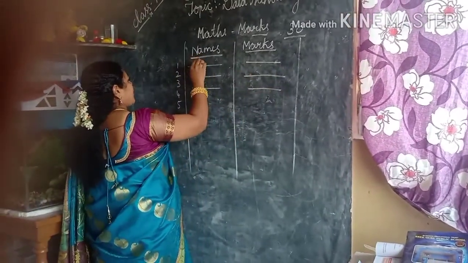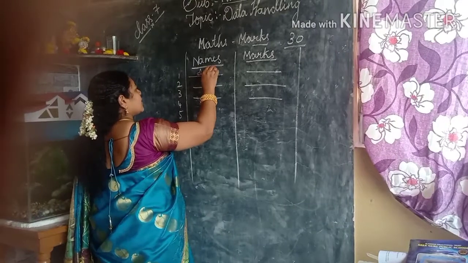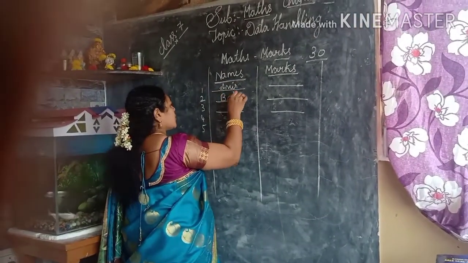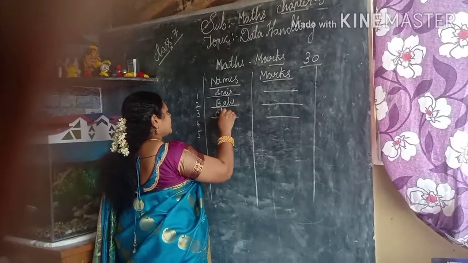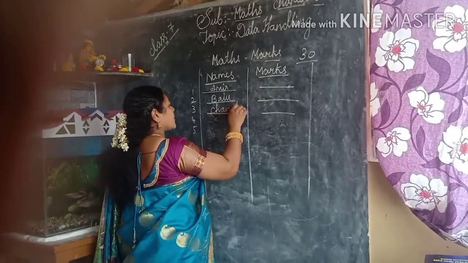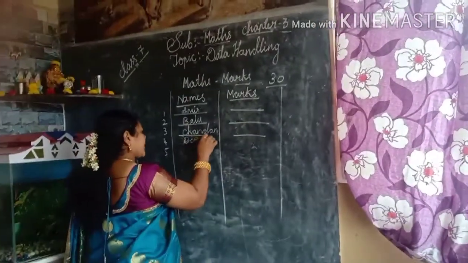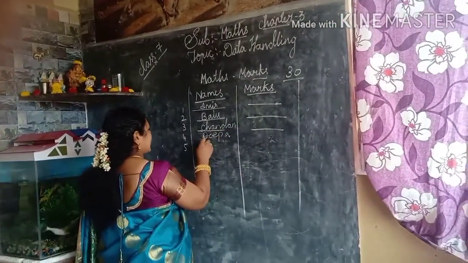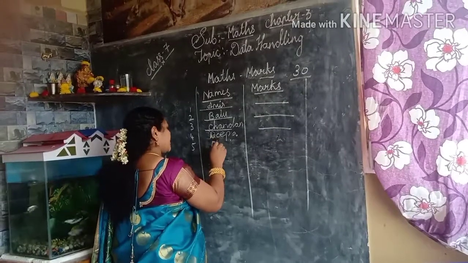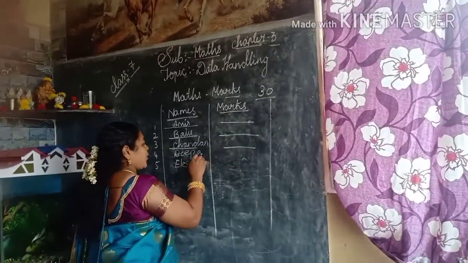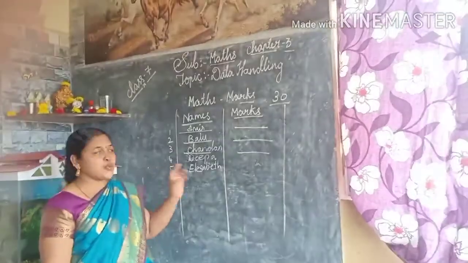If you imagine you have Amir, Balu, Chandan, Deepa, Elizabeth, so we will take an example of 5 students.